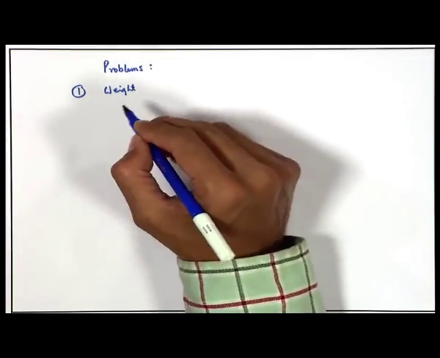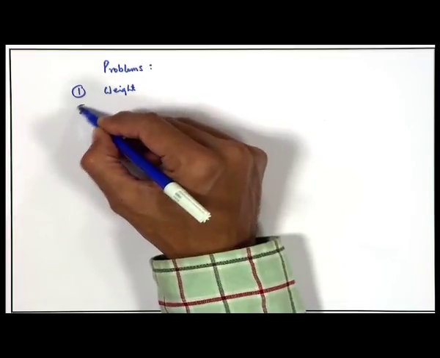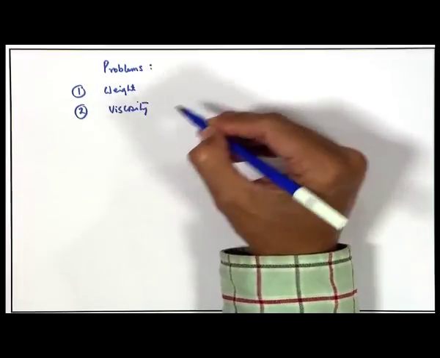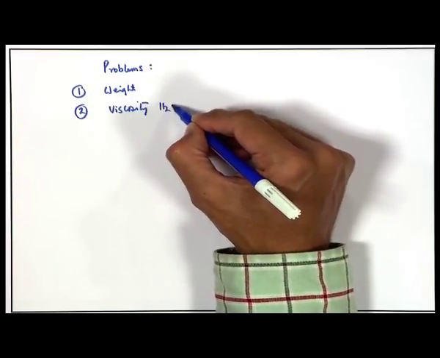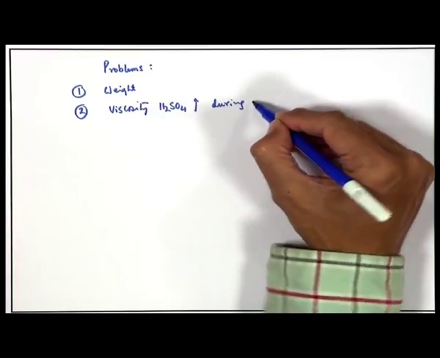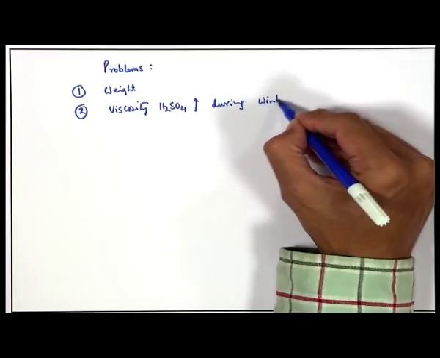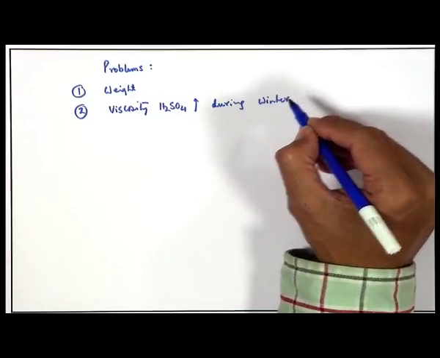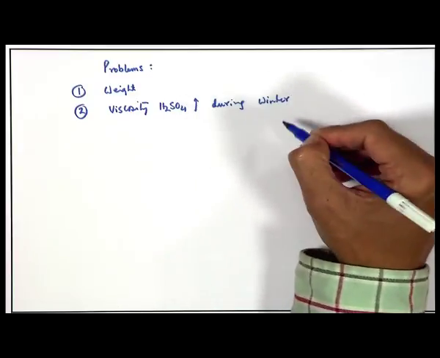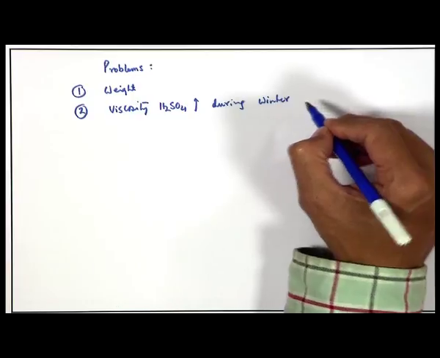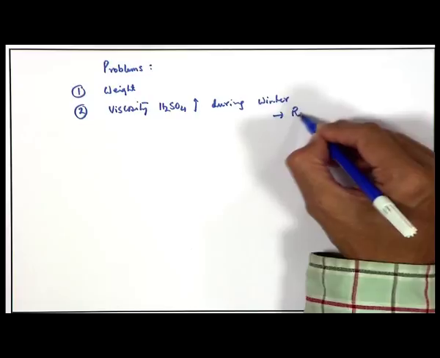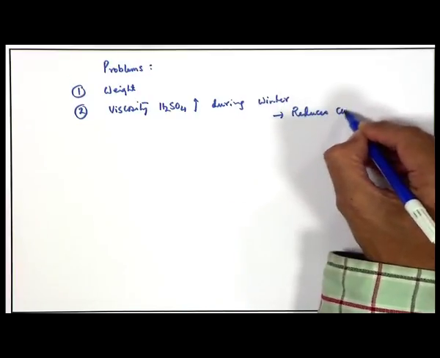During winter time the viscosity of sulfuric acid increases, and as a result the flow of ions from one plate to another becomes sluggish, which reduces the current.